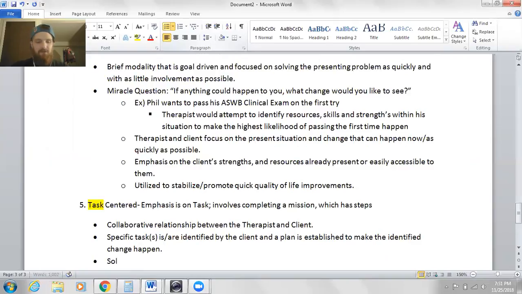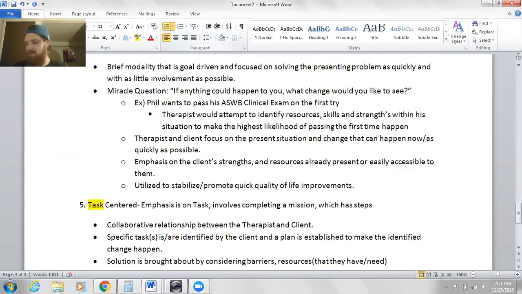So the solution is brought about by considering barriers and resources that they have or need. So in the solution focus, they already had everything.